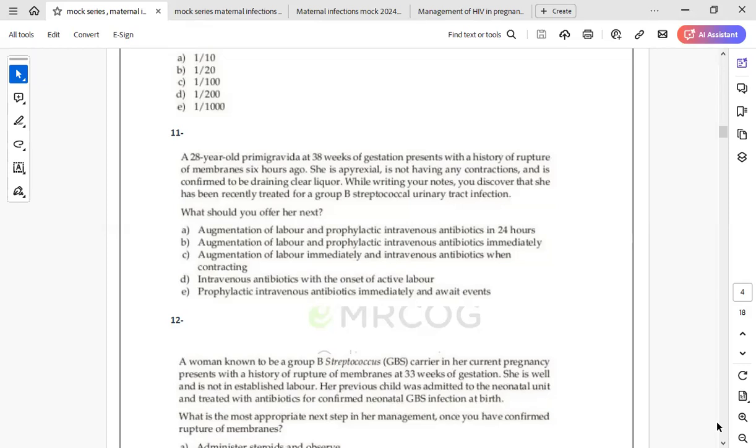Immediate induction. So here we are going to do augmentation of the labor. She is not having any contractions, okay? And prophylactic intravenous antibiotic immediately or when she is contracting. Are you going to choose B or C?